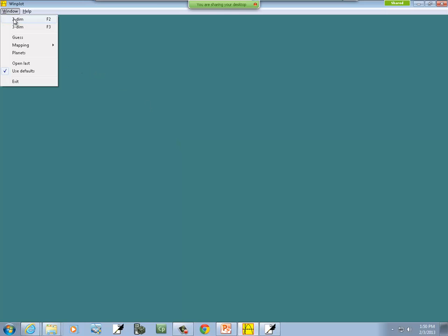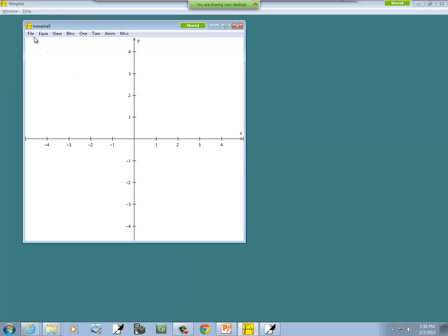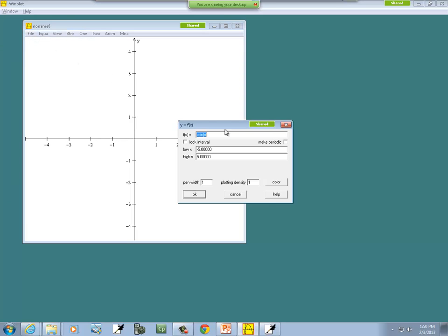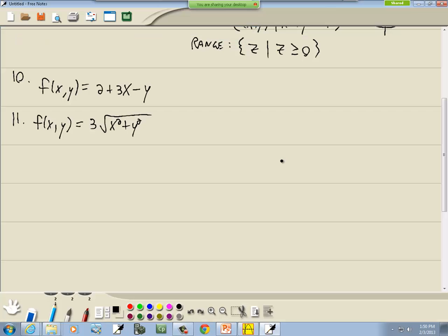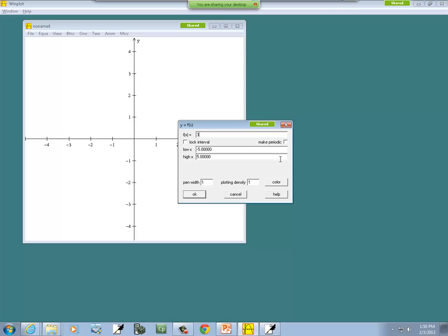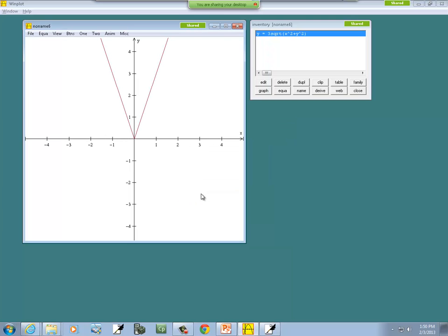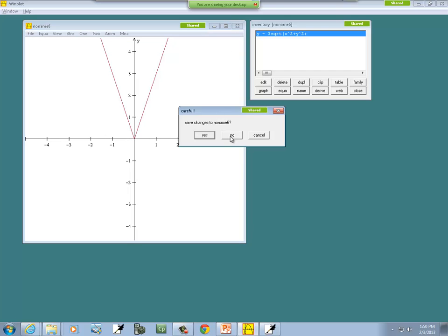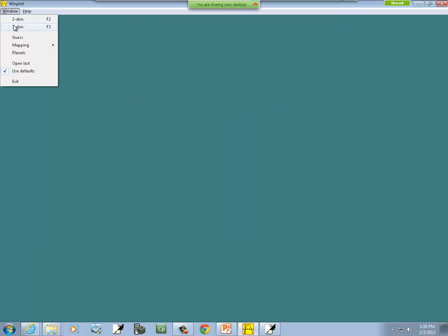Choose window, 2 dimensions. Now choose equation, explicit. And this one was 3 square root of x caret 2 plus y caret 2. And then I'll click OK. What did I choose? 2 dimensions? Let me close that. Choose window, 3 dimensions, sorry.